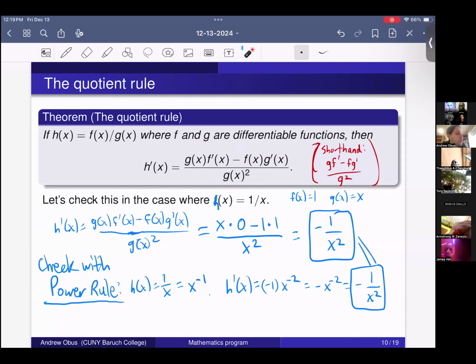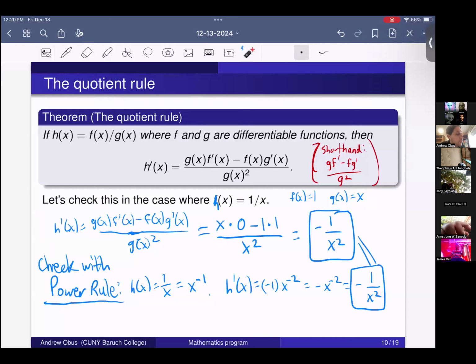But in applying it, it's pretty straightforward. You just have to know what is your f, what is your g. You have a formula, and then you just figure out what each part of your formula means. And in this example, it simplifies down to minus 1 over x squared. That's the derivative of 1 over x. And that agrees with what we would get by using the power rule here.